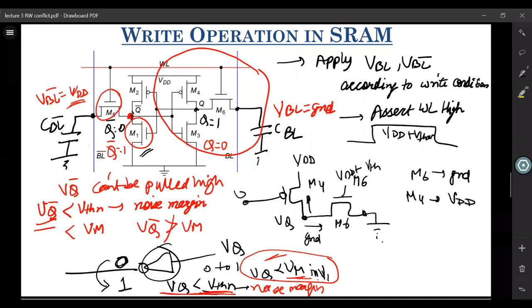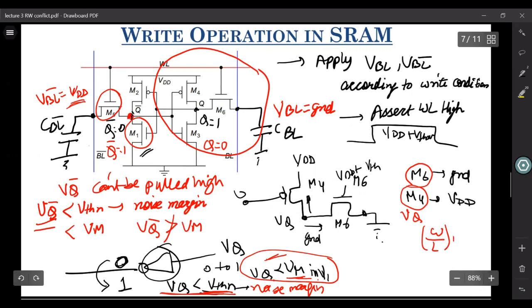Okay, so here what we want is your VQ should be as low as possible. And how can we make VQ low? We have to increase the strength of M6 and reduce the strength of M4. So what we want is the strength of this M4 should be less than the strength of this M6. This is called the pull-up ratio.